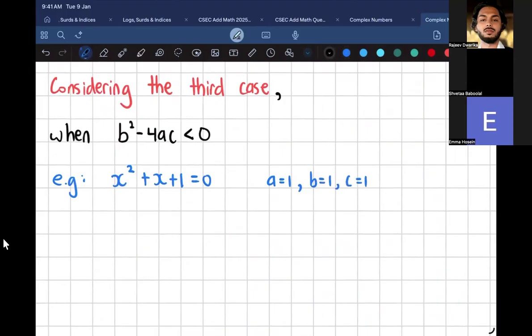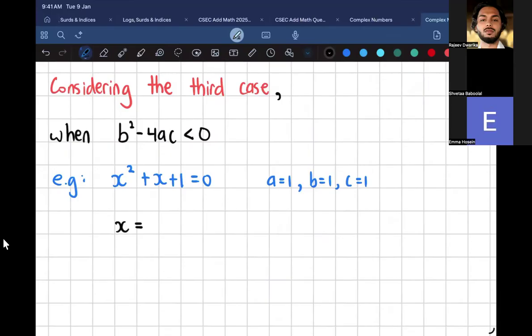Cool. So if we plug that into the quadratic equation, I trust we're at a level now where we can do this math fast. We're going to use the quadratic equation to solve x squared plus x plus 1 equal to 0.